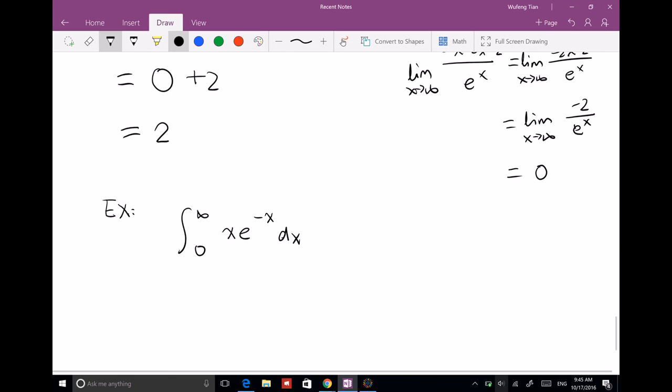I want you to practice this one. Just repeat the previous process again and see if you understand the whole process. I want you to try this one.